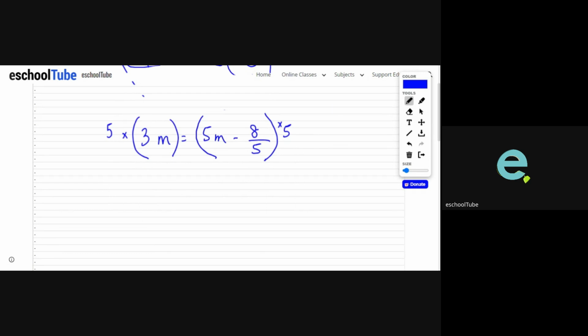Now you remove the brackets. 5 into 3 is 15m, and then you have to distribute. So first multiply by the first term, then multiply by the second term. So 5 into 5 is 25m minus, when you multiply 8 upon 5 by 5, you will get only 8.